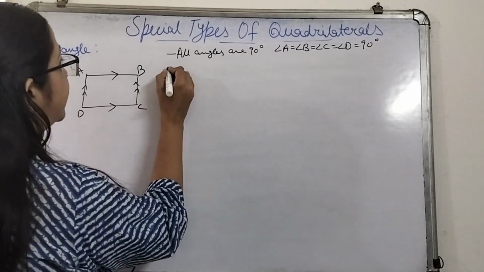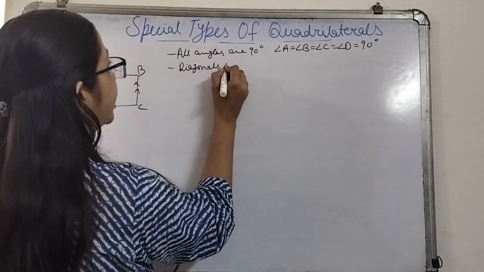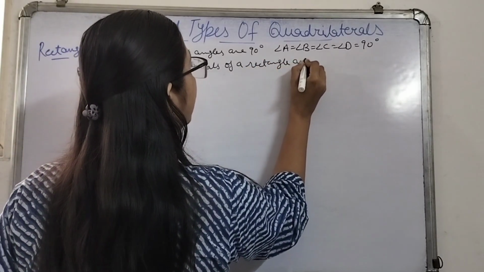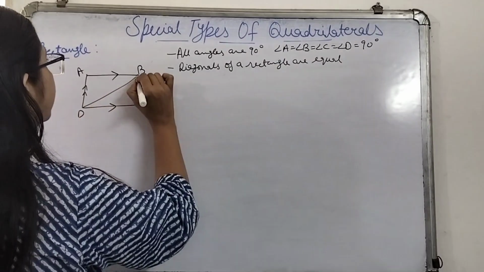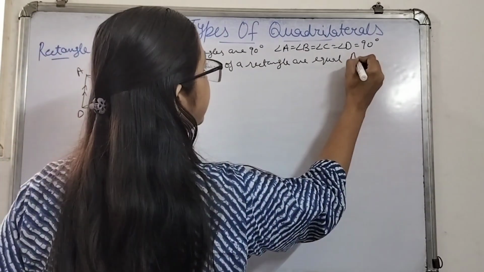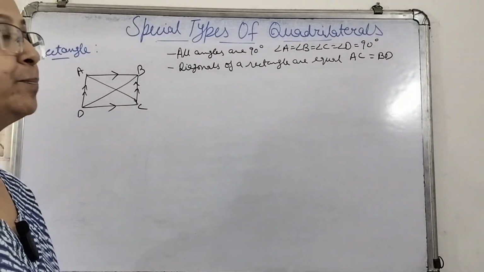Along with that, both the diagonals are equal. Diagonals of a rectangle are equal. That means if we make the diagonals BD and AC, then AC will be equivalent to BD.